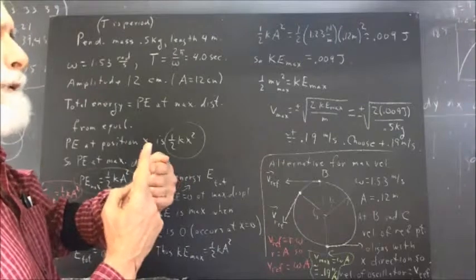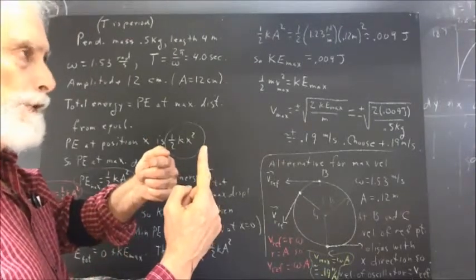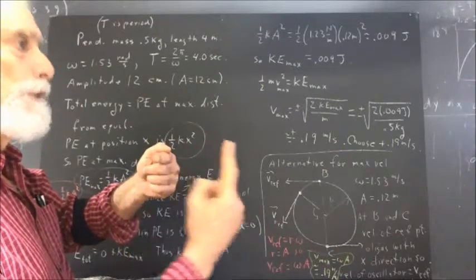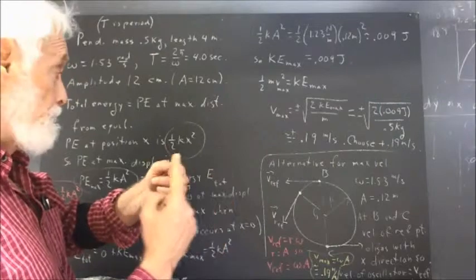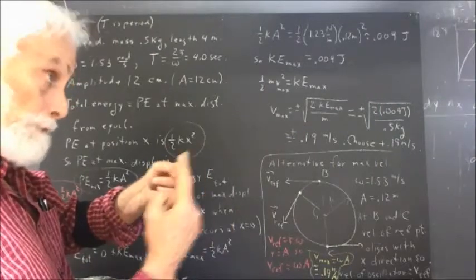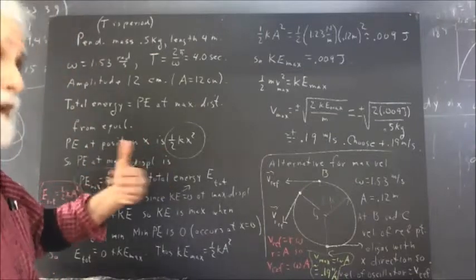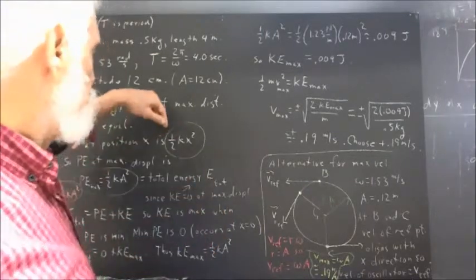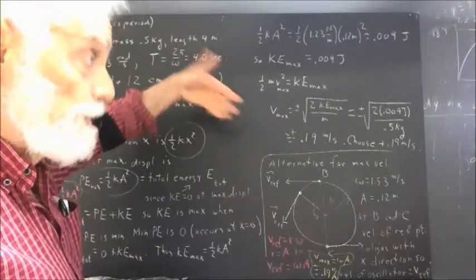So displacing from equilibrium to position x, the average force is going to be from 0 to kx, which is 1/2 kx, and we're going to move through displacement x to get from 0 to position x, so the work done is going to be 1/2 kx, the average force, multiplied by x, the displacement.